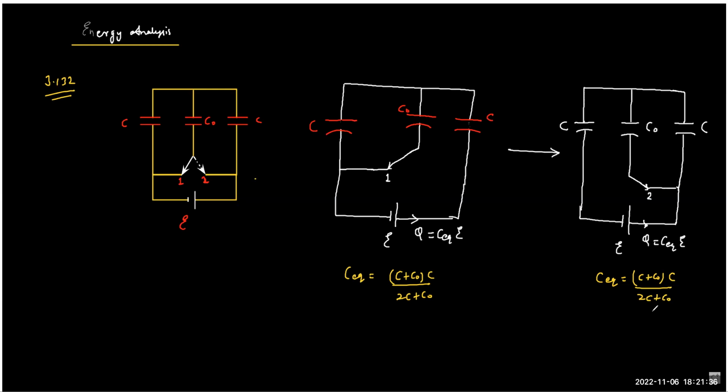So luckily, or fortunately, the C equivalent turns out to be the same. Therefore, the charge leaving the cell will be the same. That's why I have written Q only, which is C equivalent into E. In the first scenario, this charge will deposit over this plate completely.